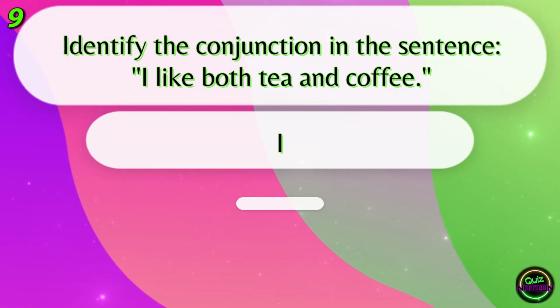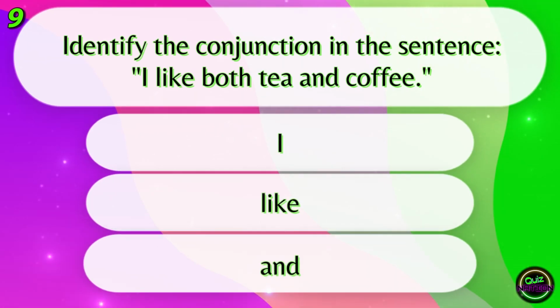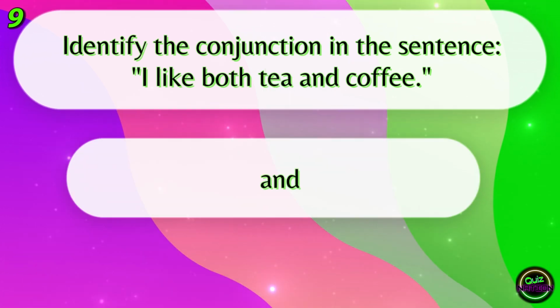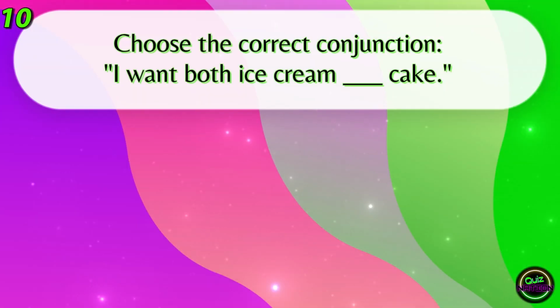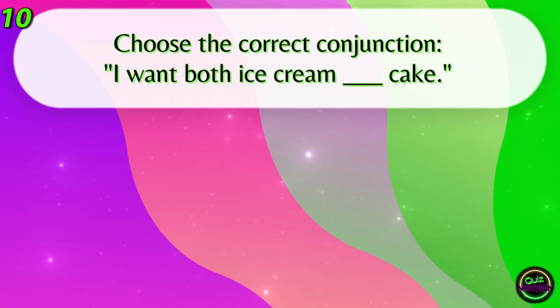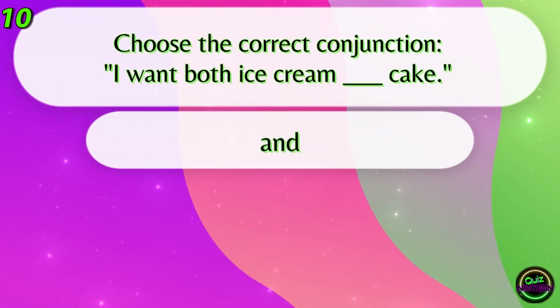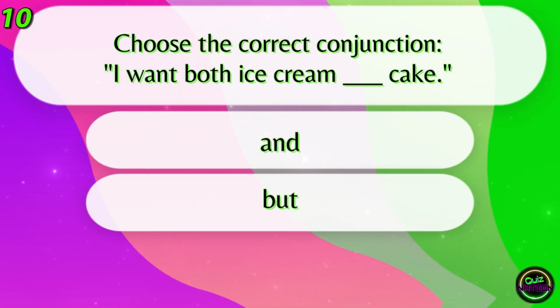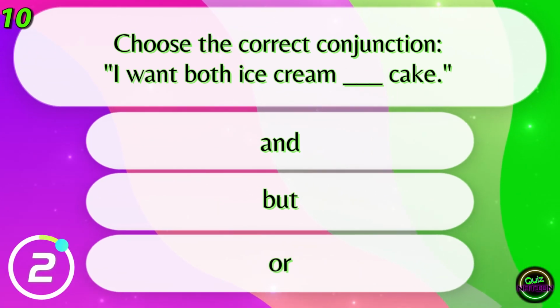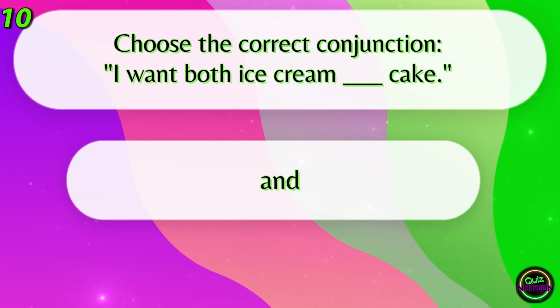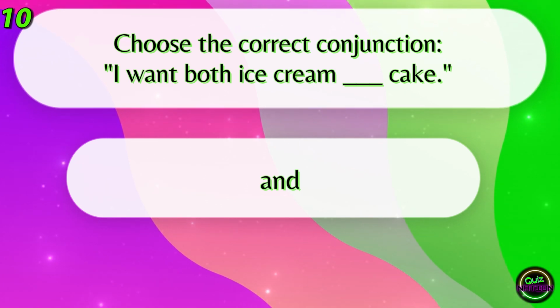And. Choose the correct conjunction. I want both ice cream blank cake. And, but, or. And. I want both ice cream and cake.